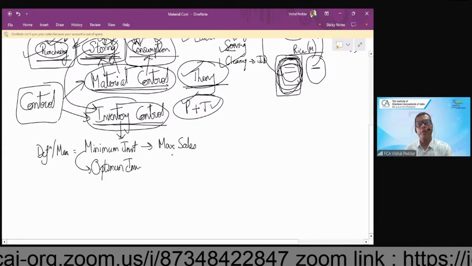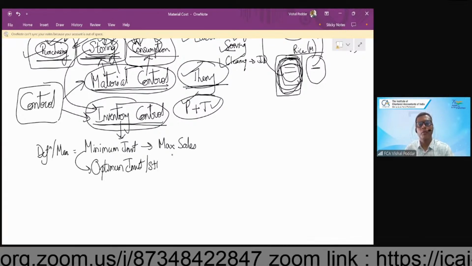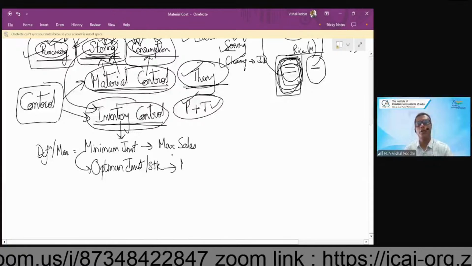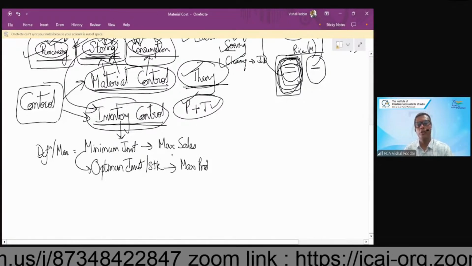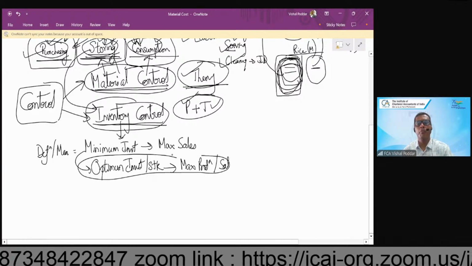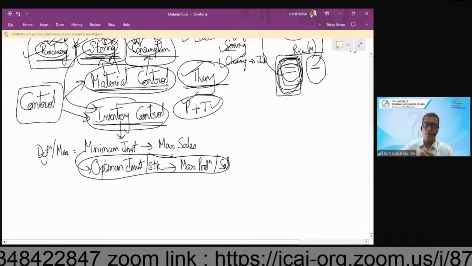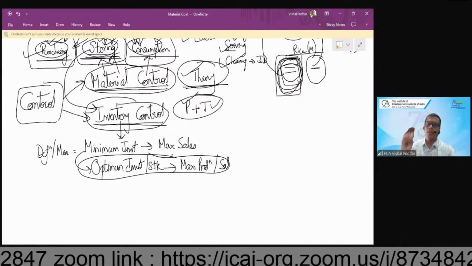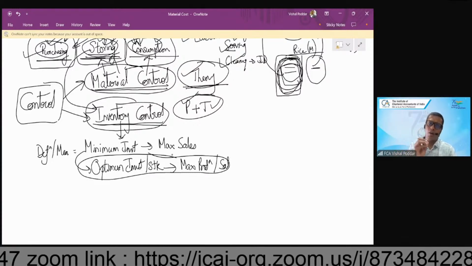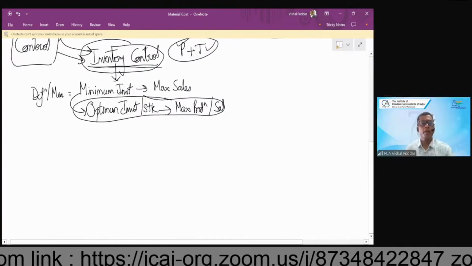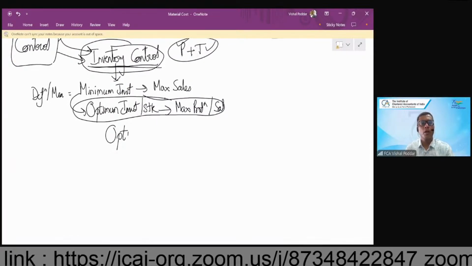So having optimum stock or inventory, and with this optimum stock, achieving maximum production or sales. So with optimum or minimum investment in your stock, you achieve the maximum output or sales. This is inventory control.